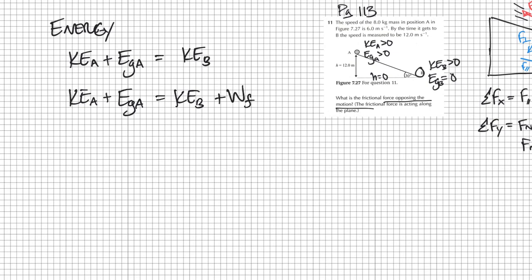Friction is going to remove energy from our system. And the other way it would be written would be the kinetic energy at A plus the gravitational potential energy at A minus the work done by friction equals the kinetic energy at B, right? So that's just if we put this variable on the other side of my equation. Both of these are correct, and both of them should give us the ability to figure out what the frictional force is.